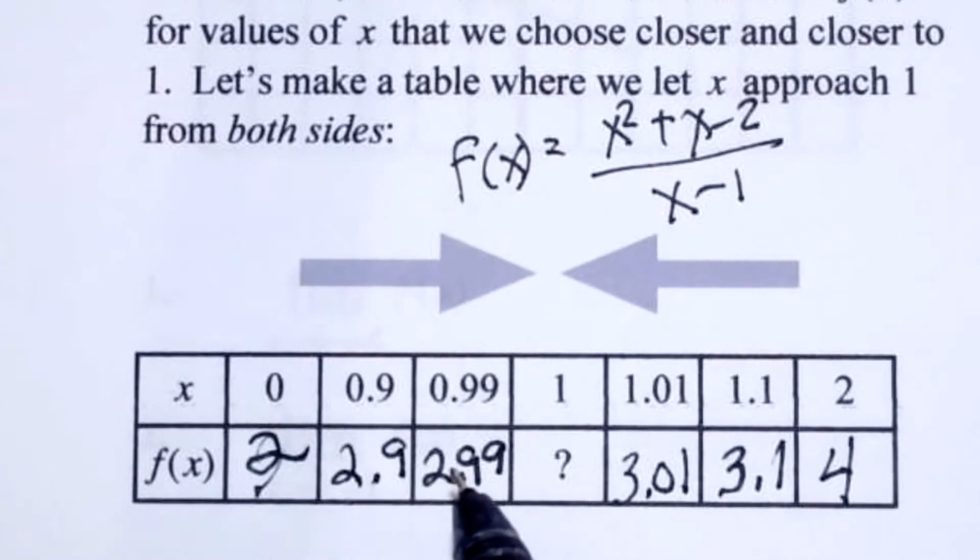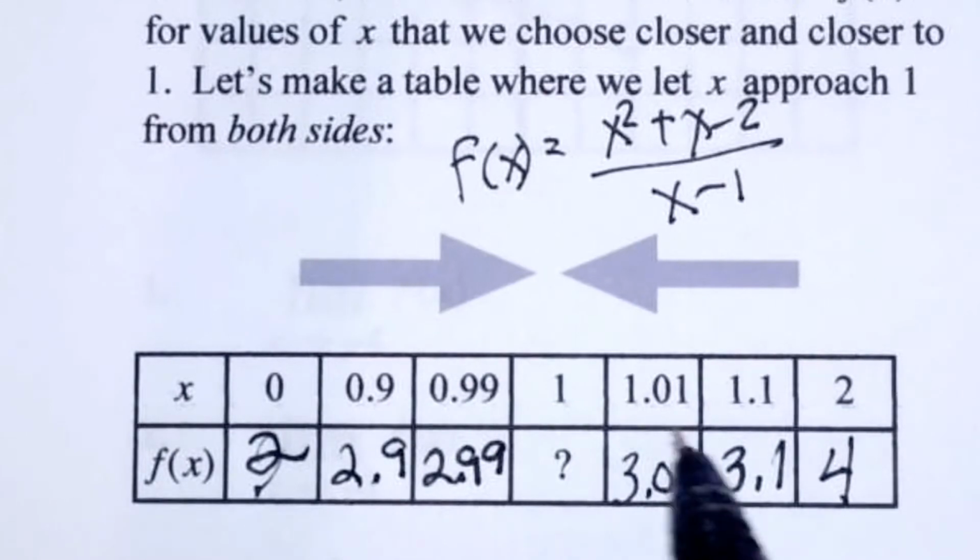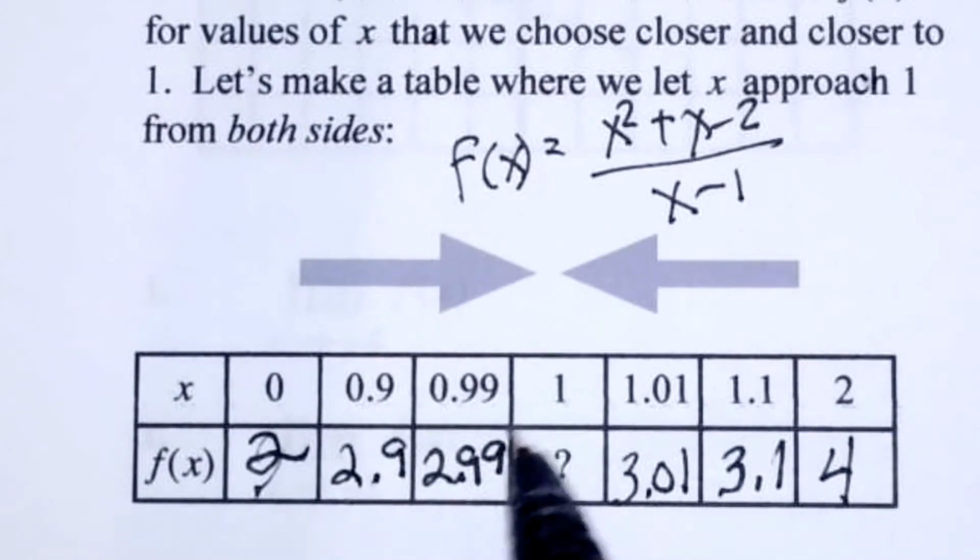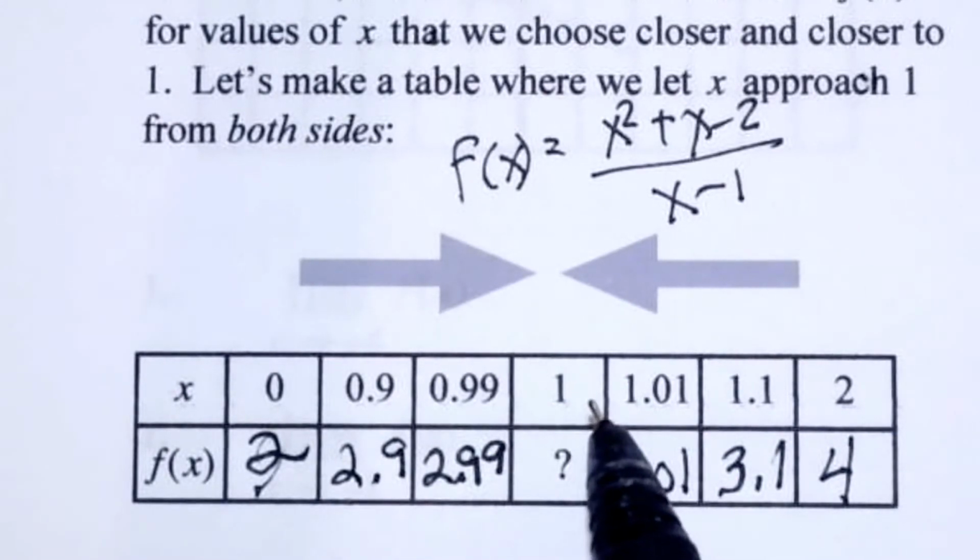But there does seem to be a pattern here, and maybe you can make this jump. We could make this as close to 3 as we wanted by picking x close enough to 1.